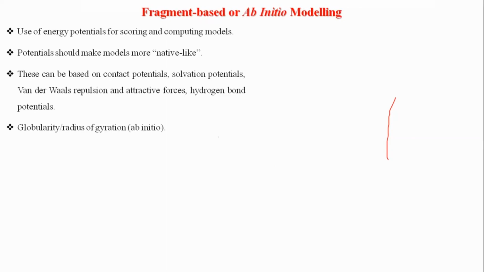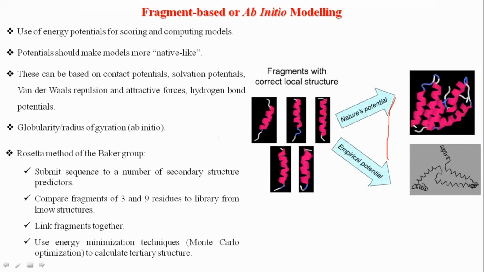And de novo method, or ab initio method, or fragment based modeling is another method. Here, energy scoring functions will be used more for the model building itself. More native-like structures will be considered, like it will break the sequence into a minimum number of residue fragments.